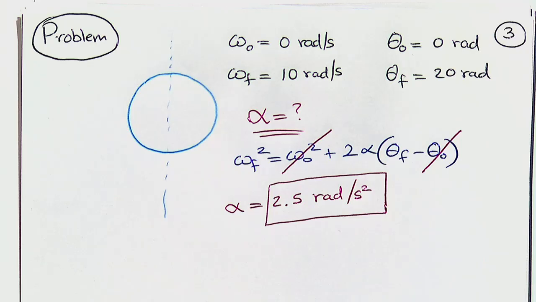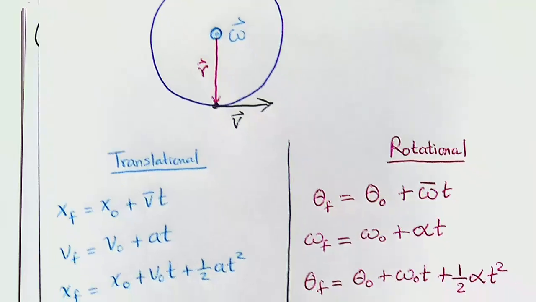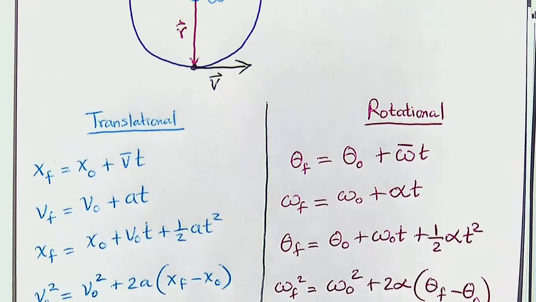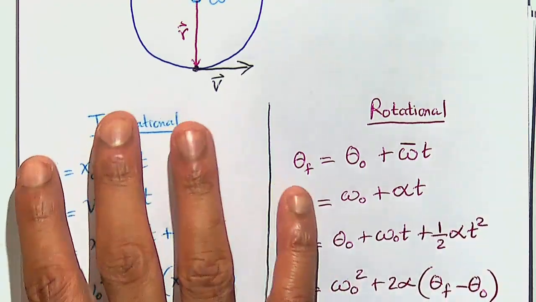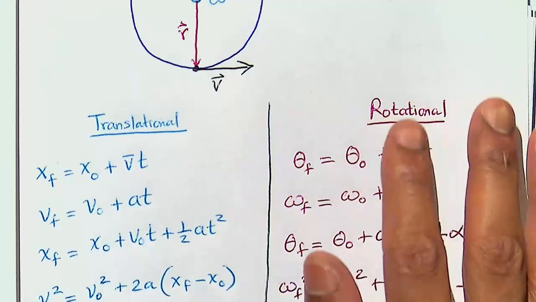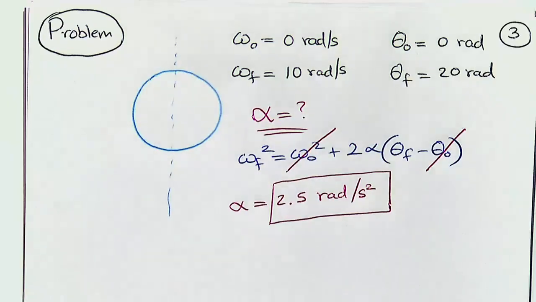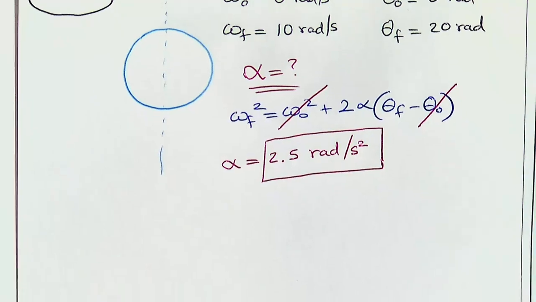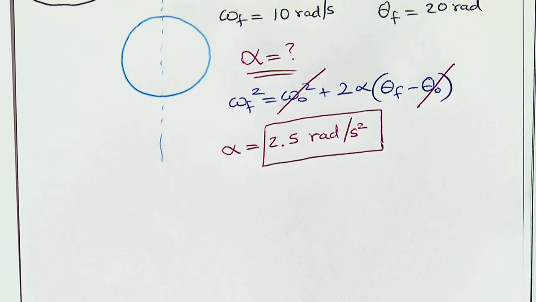Cool. So let's continue this comparison, right? We're starting off with kinematics, describing motion. We're comparing the translational linear case to the rotational case. And that works for kinematics, but it also works for other things, including F equals ma, right?